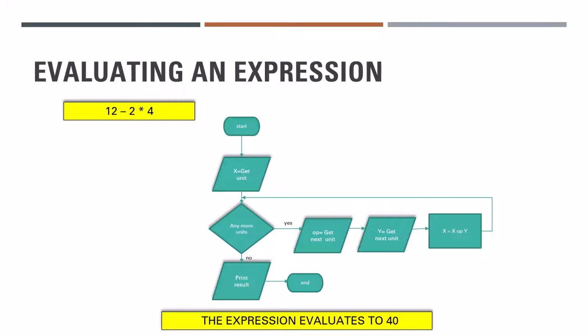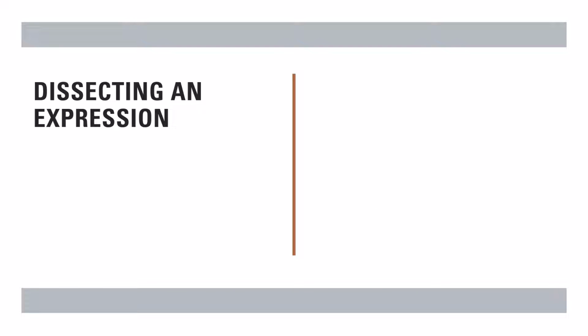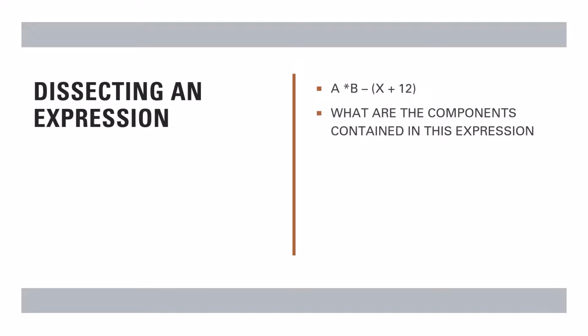Before we even write the parser, we need to understand how to dissect an expression. So if we have an expression like this, the question we would ask is, how many components are contained in this expression? And of course, they would be all of these. Each of these components is known as a token, and all tokens have one common characteristic, which is indivisibility.